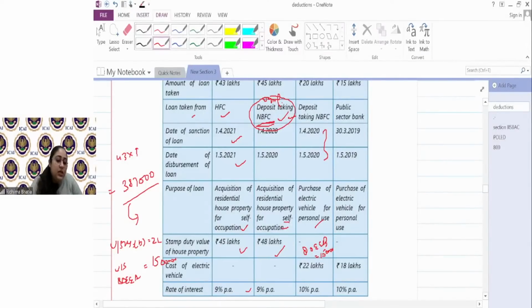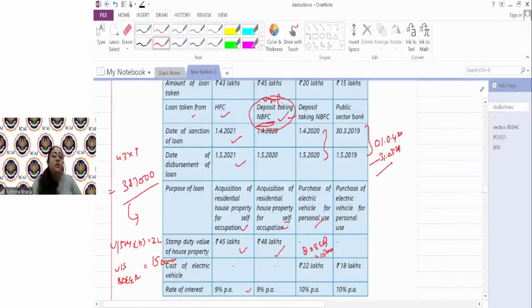Next for Mr. D, the loan sanction date is 30th March 2019, but the disbursement date is 1st of May 2019. Guys, remember the loan should be sanctioned between 1st of April 2019 to 31st March 2023.